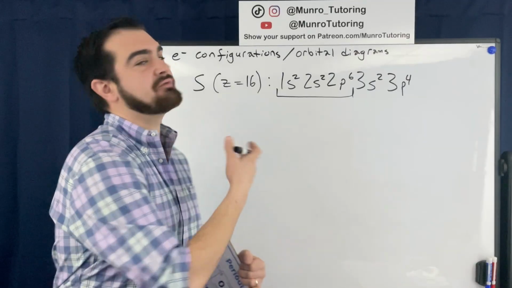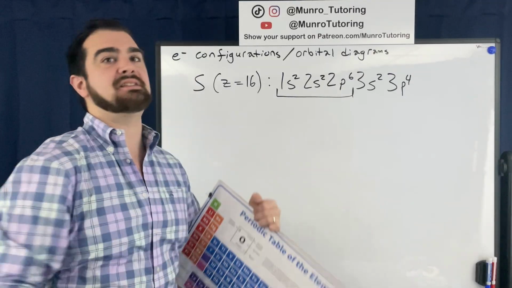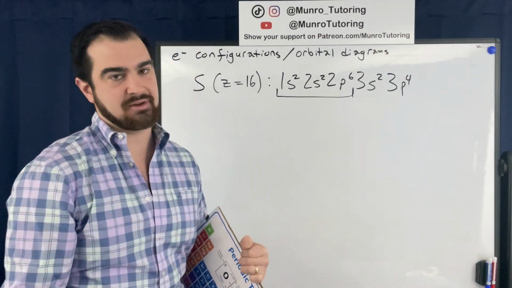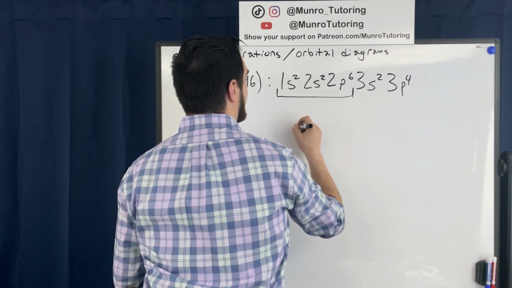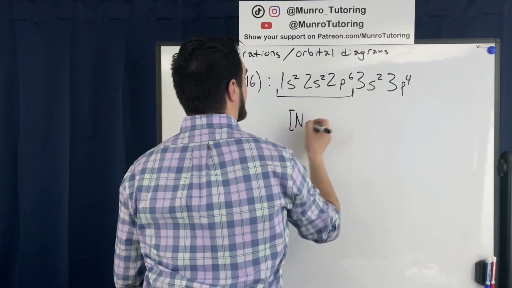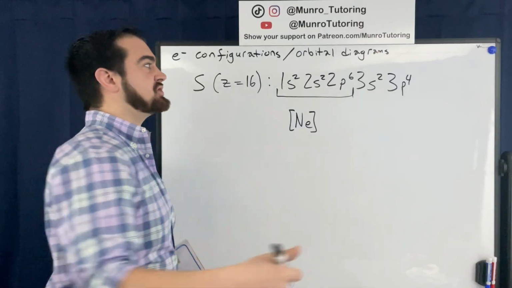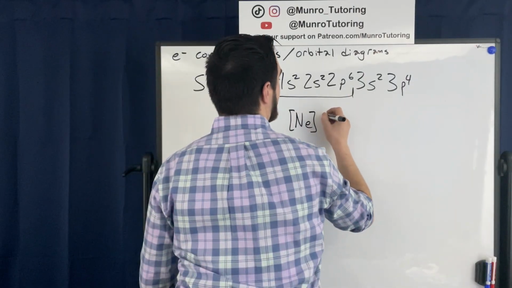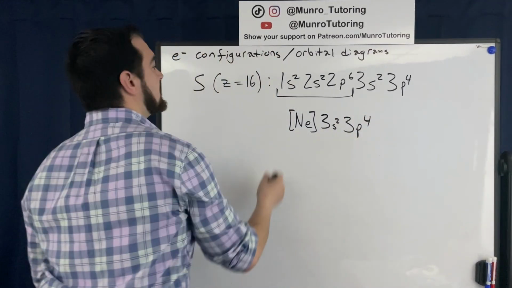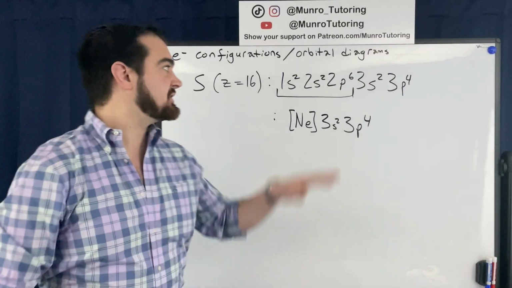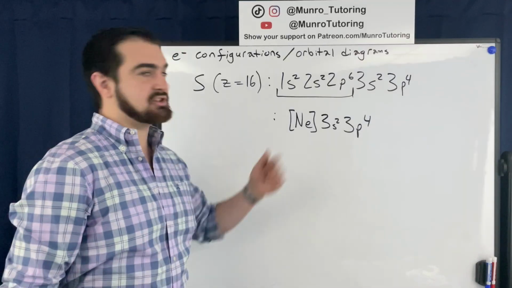And so instead of having to write it out, because each next element is going to have the same electron configuration, but just add another electron into it, as a shorthand notation, instead of writing that, we could just write that noble gas, neon, we put it in brackets, and then we just write the valence shell electron configuration, meaning the outermost shell, which is shell 3 in this case. So we have the 3s2 and 3p4. So writing out the full electron configuration of this, or this noble gas shortcut, is saying the same thing. This is just a shorthand, okay?